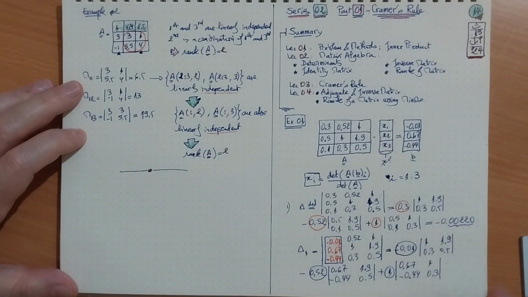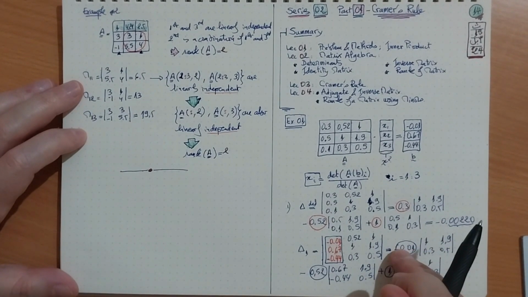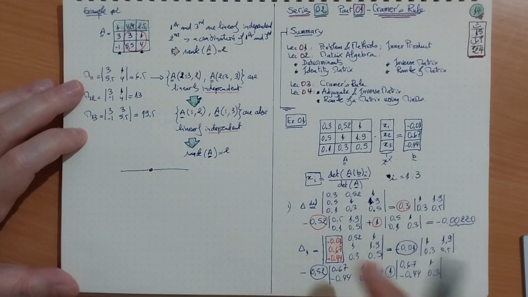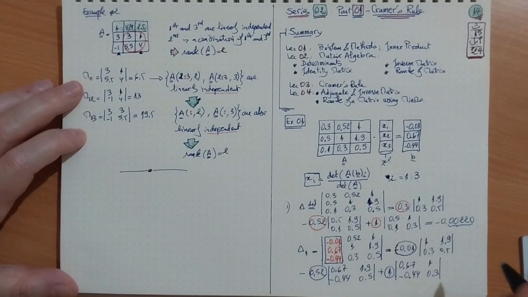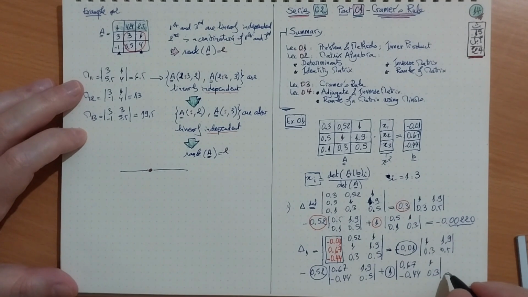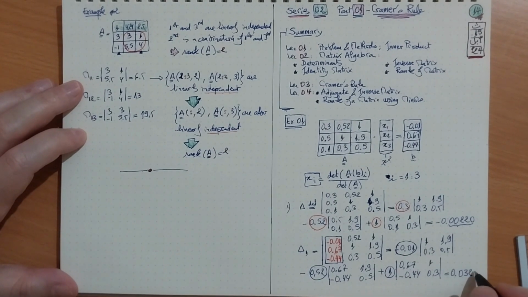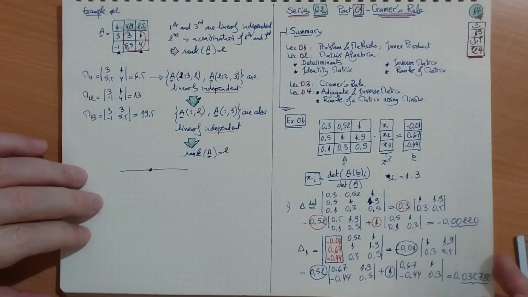So once we have that, we use calculator and we calculate the minors times the element, the minus times the element, the minus times the element, and be careful with the sign. And we find 0.03278. Here also no round off. Delta, delta 1, we continue with delta 2 and delta 3.